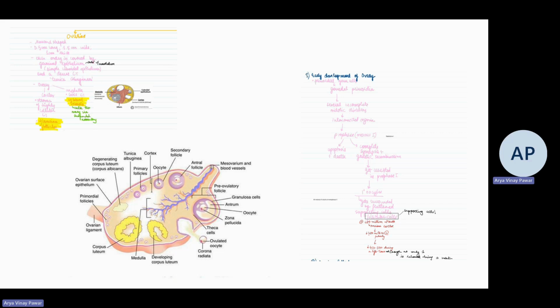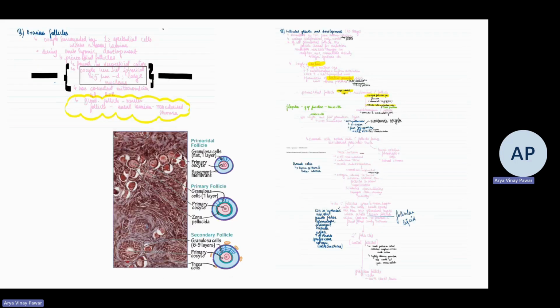At birth it's very high, and at puberty it reduces a bit more. Over a lifetime, we're just left with 450 to 500 eggs, which is okay because every month there's only a release of one egg. So 400 to 500 eggs are enough to sustain a lifetime. So that's one thing. The next thing we're going to talk about is the follicles.